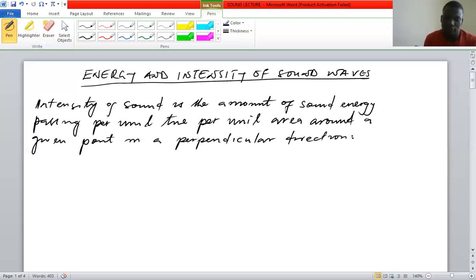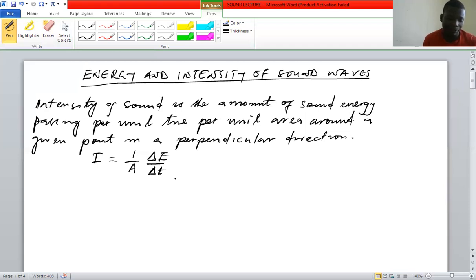Okay, so that is intensity, and the intensity is given by capital letter E, and this is the mathematical formula from the explanation that we have. So we have energy per unit area per unit time, and that is the intensity.